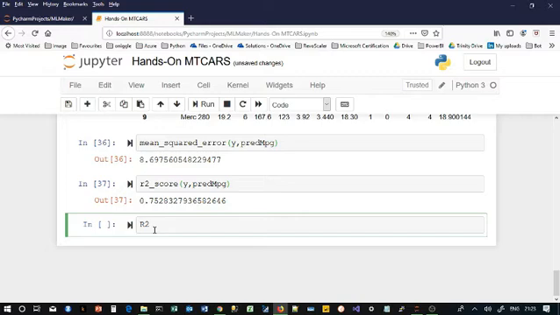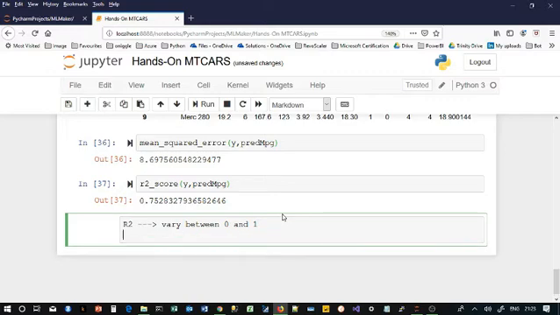Now, R square is a value that will always vary between 0 and 1, regardless of the data that you are working on, regardless of the use case that you are looking at, regardless of the metrics of measurement. R square will always vary between 0 to 1. Higher the value, better it is.